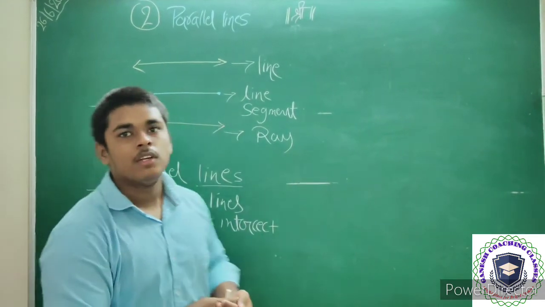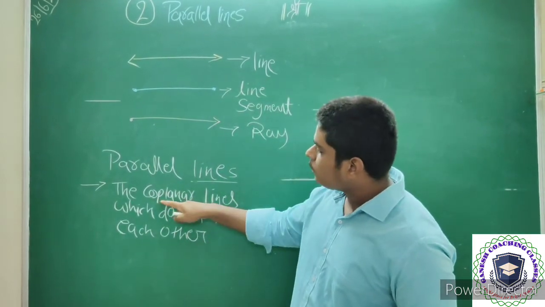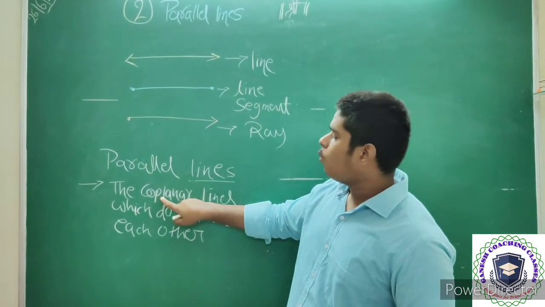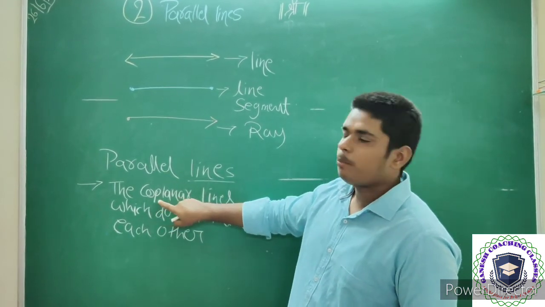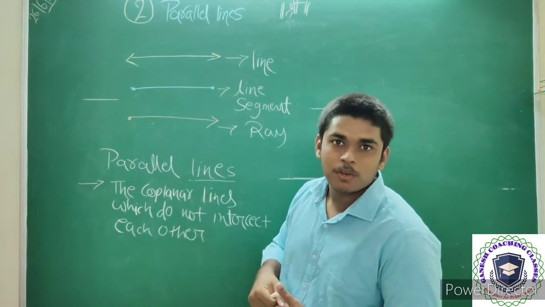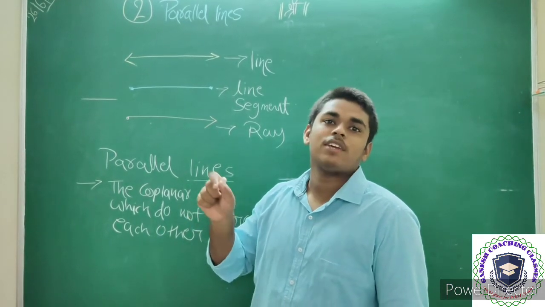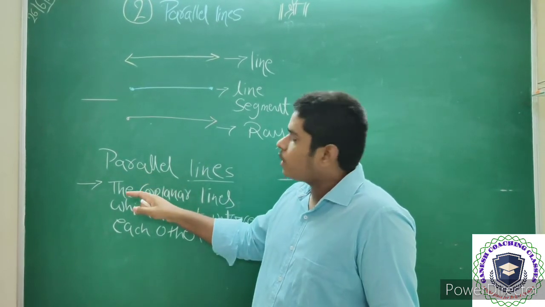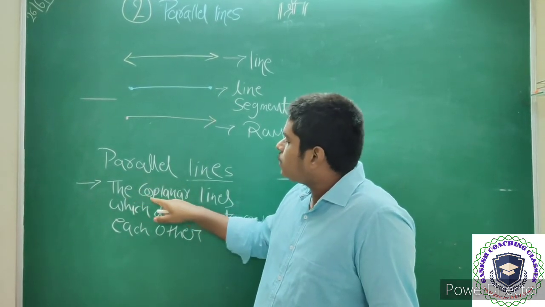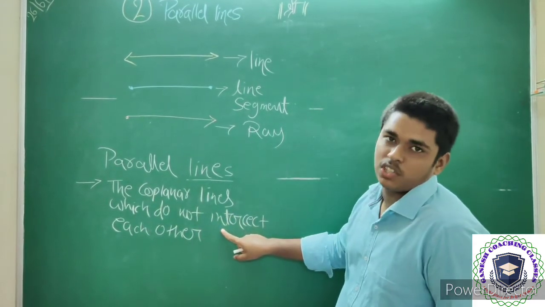What does it mean? We have to consider 2 lines, and these 2 lines should be coplanar. What does coplanar mean? Coplanar means co means same and planar means a plane. We have discussed it should be xy axis, yz axis or xz axis. So here we have to consider 2 lines which are coplanar and should not intersect each other.